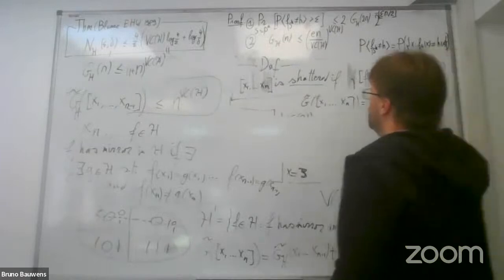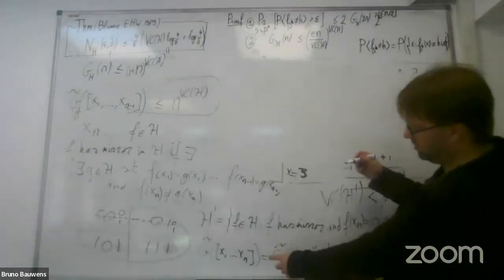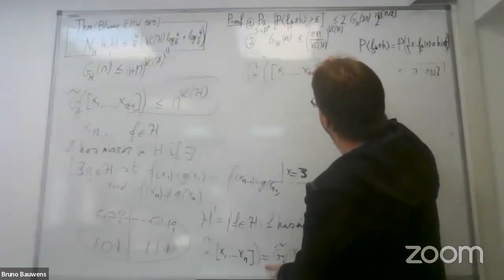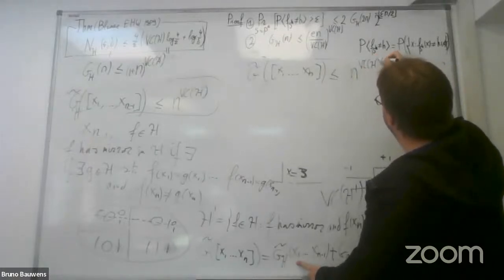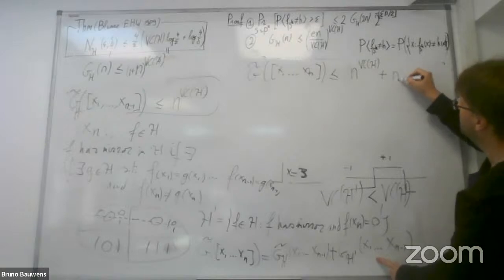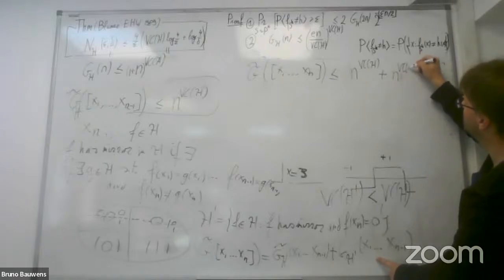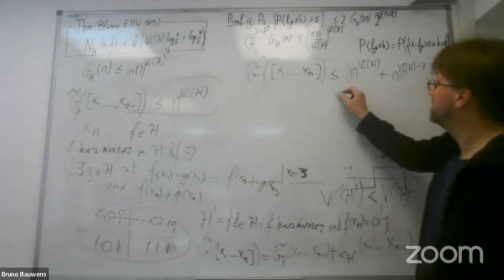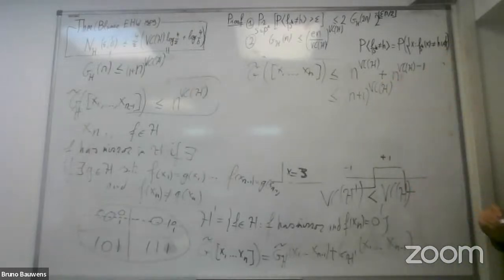So what we have here is that G tilde of x1 till xn is bounded by n to the power VC of H plus n to the power VC of H minus 1. And so this is bounded by (n+1) to the power VC of H. And so we are finished with the induction step.